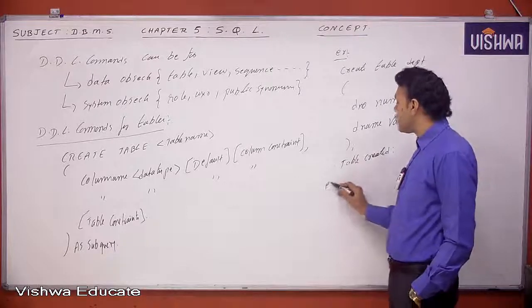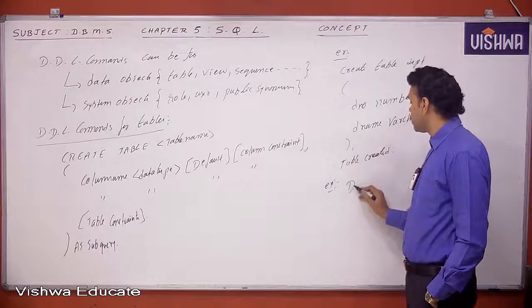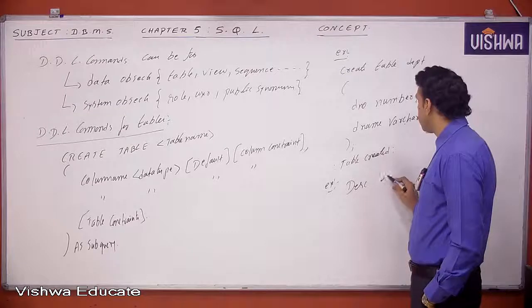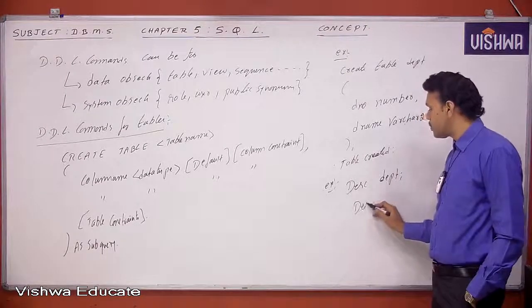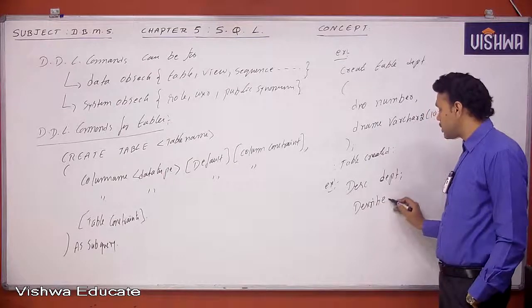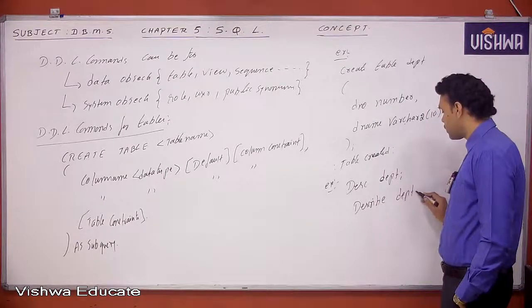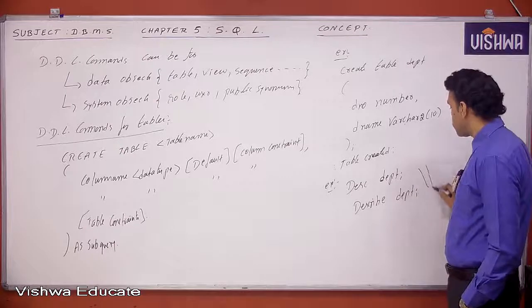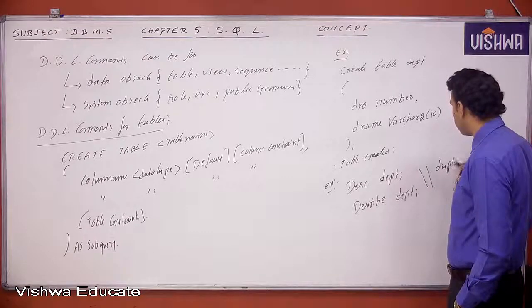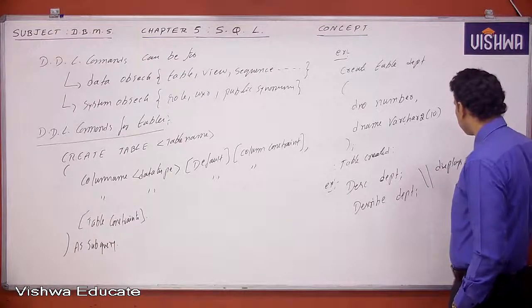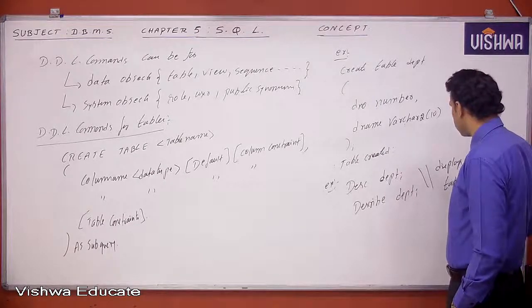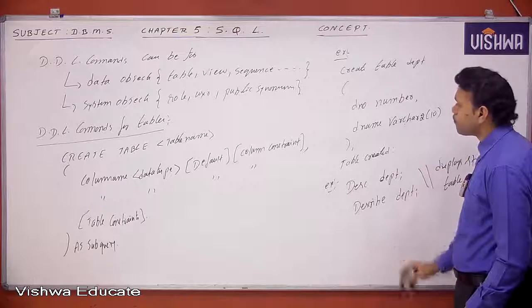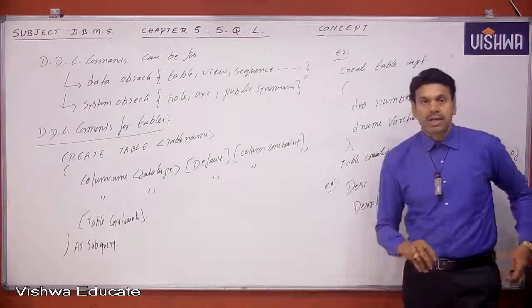Now how do you know whether the table is created or not? You can ask desc department. What does desc stand for? It is nothing but describe department. It displays the structure of the table. Okay, just copy this. What are the data types there?